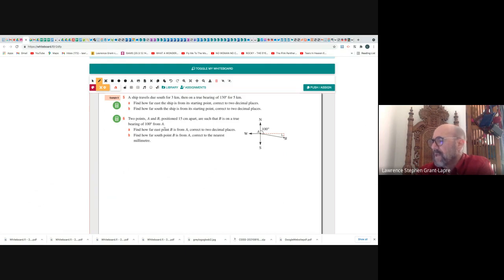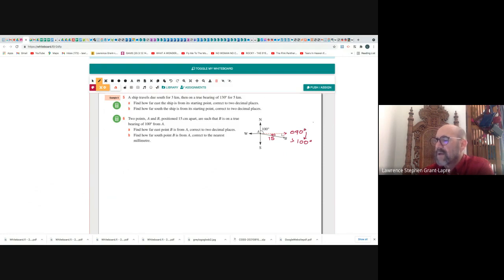2 points A and B, positioned 15 centimeters apart. So I'm going to put a 15 along that line. That's like a hypotenuse. That's the direction of 100 degrees. So if that's the direction of 100 degrees, we've got a little 10 degrees in here, because east is 090, and if you go around another 10 degrees, you get to 100.